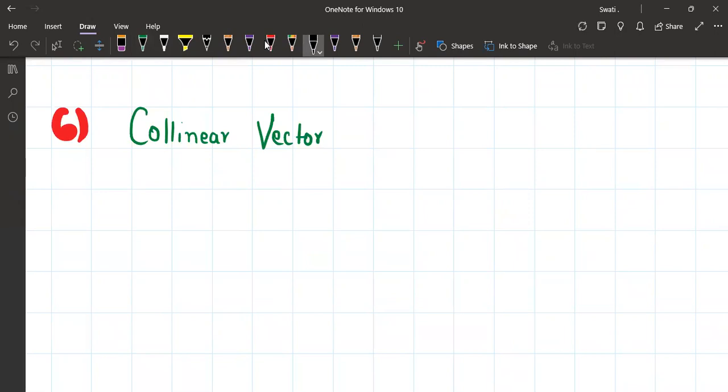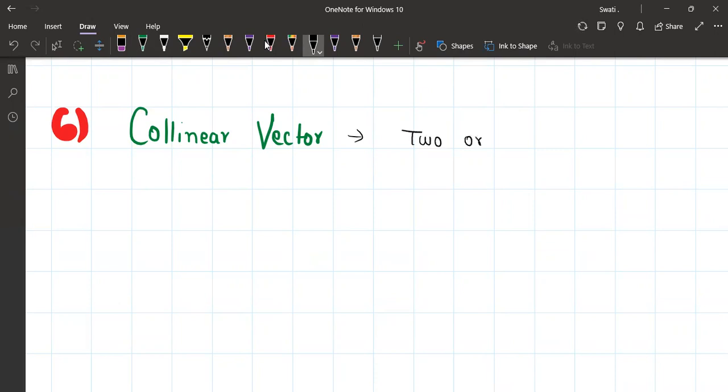So what are collinear vectors? Here also we will talk about more than two vectors. So suppose we have two or more than two vectors, and those vectors are said to be collinear if they are parallel to the same line. Let me write down the definition for you.